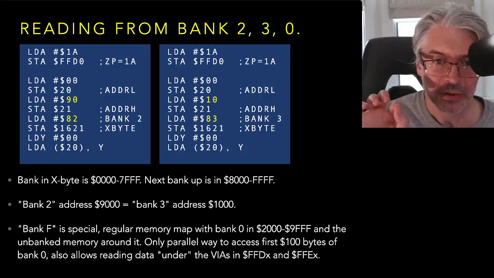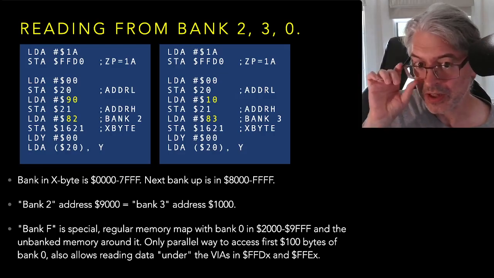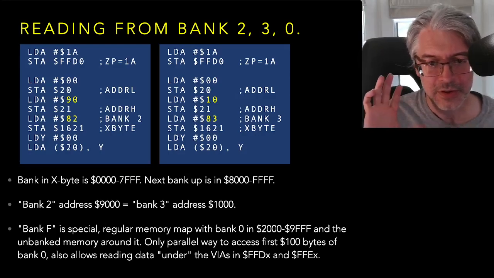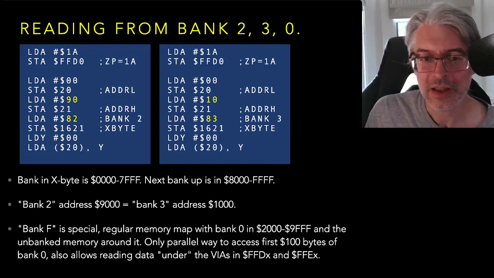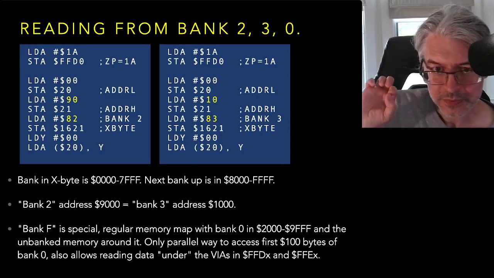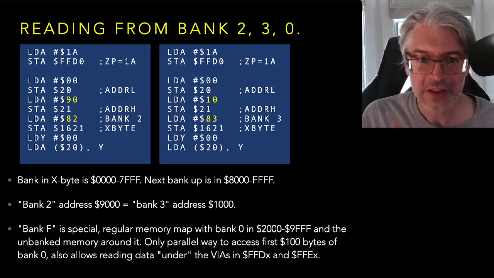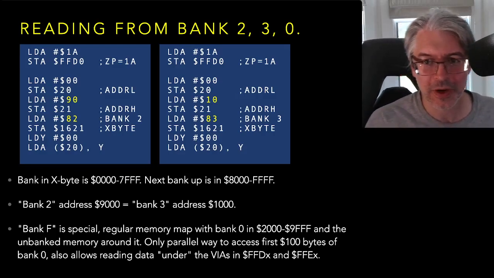And then I put an 82 in 1621, so that's 21 plus 1600. 82 refers to bank 2. Load Y was 0, that's the index, and then I load indirect from 20 indexed Y, and that will return to me byte 9000 when bank 2 is switched in. I hedged there because I probably should have done the right box first.